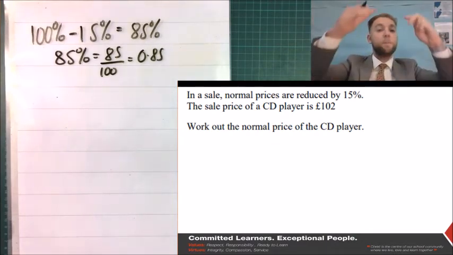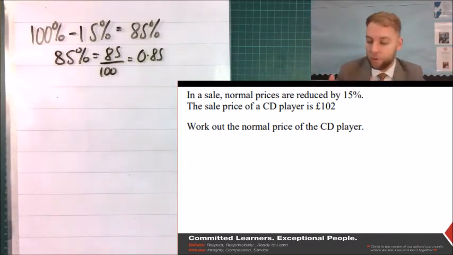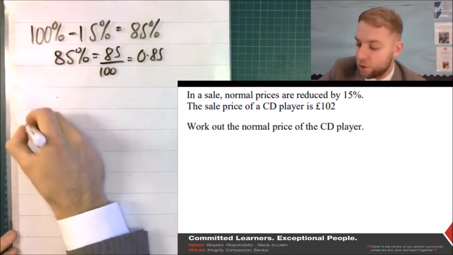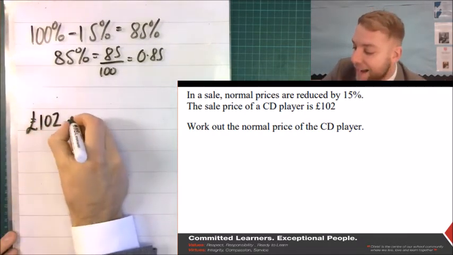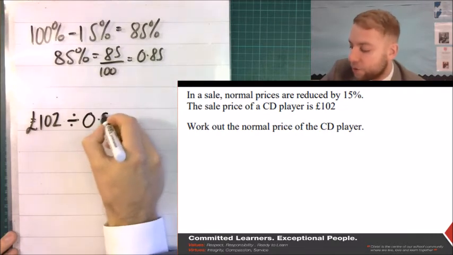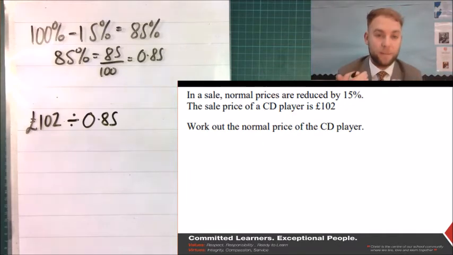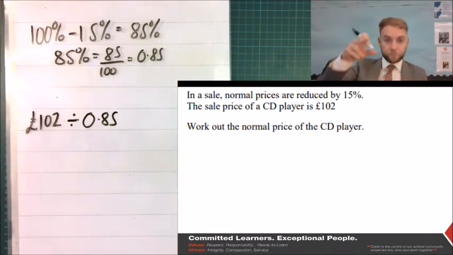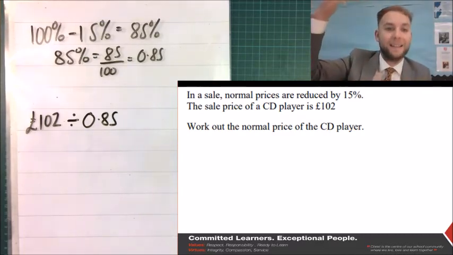Now, because I'm trying to find the normal price of the CD player, or the original price, I need to work backwards. So to do that, I need to do £102 divided by my multiplier, so divided by 0.85. And that's because I'm trying to work out my original amount, okay? A lot of people will find 15% of 102 and try and add it back on.